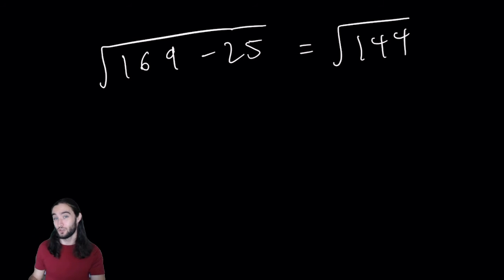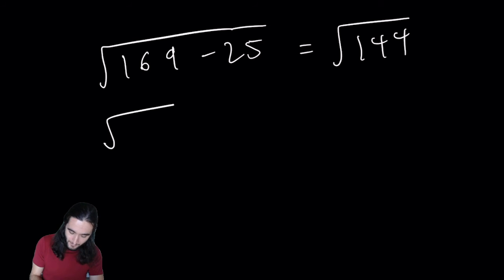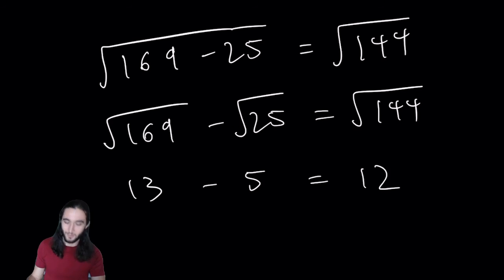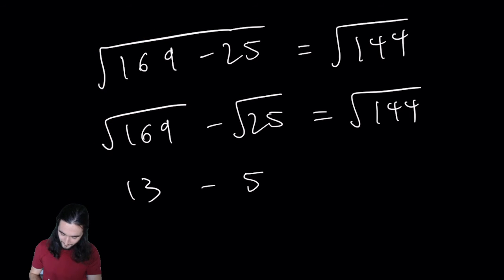If we can distribute this square root, if we can distribute this power of 1/2, then that should be the same as that. But it doesn't work because that's 13, that's 5, and that's 12, and 13 minus 5 is not 12. So you see that this step of distributing the radical, or distributing the power of 1/2, over this subtraction was not legit. So yeah, that's something I wanted to mention.